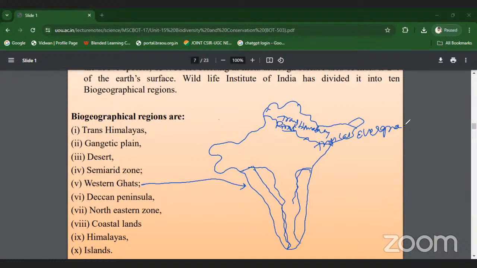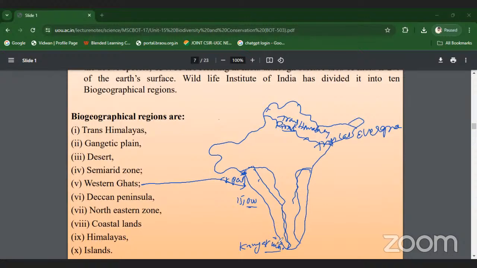Desert, semi-desert. Next, another important hotspot is the Western Ghats. The extent is about 15,000 kilometers, from Tapati to Kanyakumari.